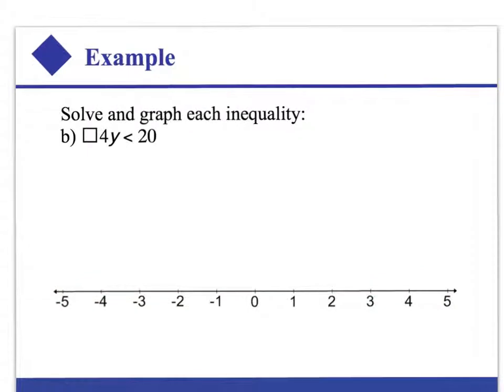When you're dealing with this next one, you have negative 4y is less than 20. I'm going to divide both sides by negative 4. When I do, y now becomes greater than negative 5. When you divide by a negative, you flip that inequality sign. It changes directions.